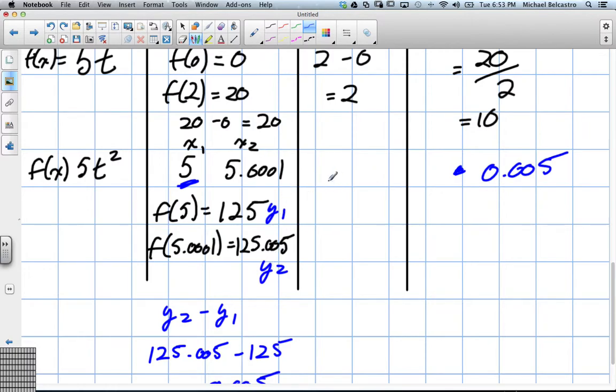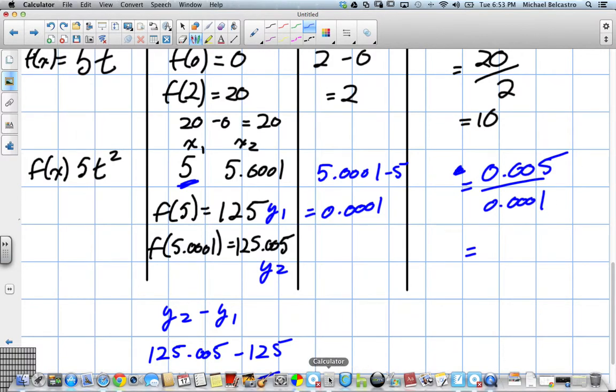And then our x changes. Well, that's technically 5.0001, subtract 5, which gives us a value of 0.0001. So our changes in our x are 0.0001. So our instantaneous rate of change, we take these two values and we divide.